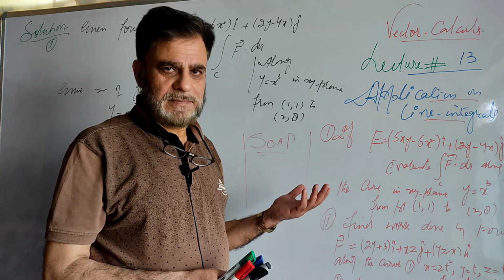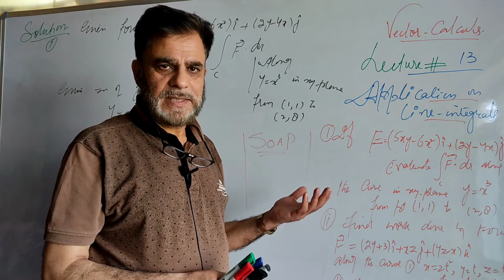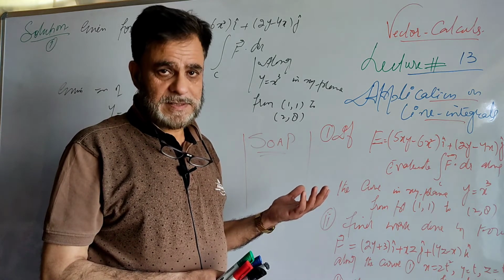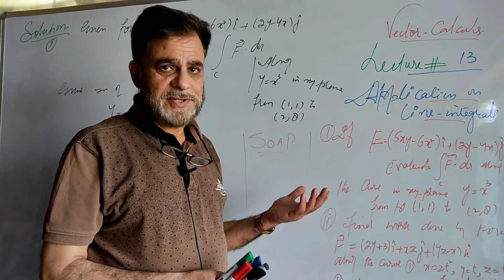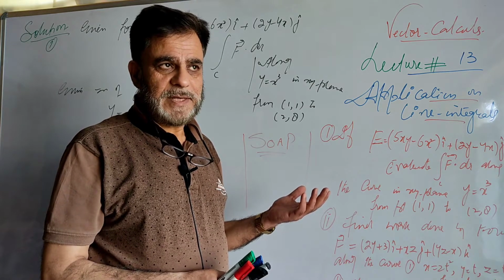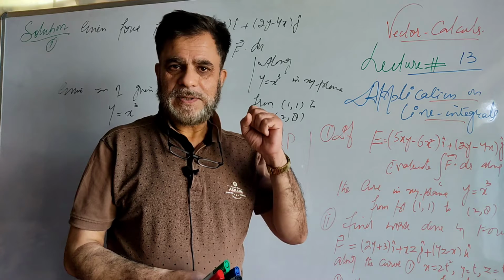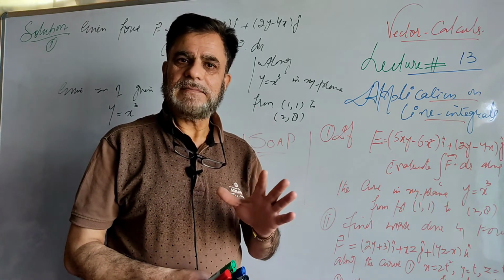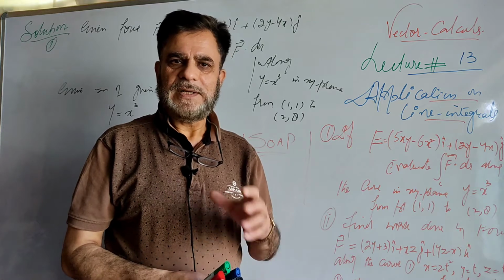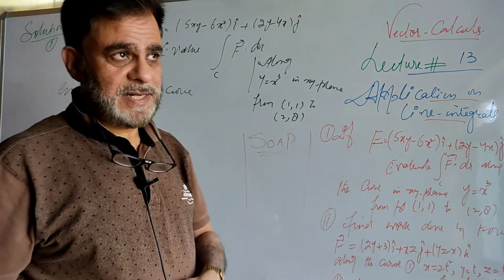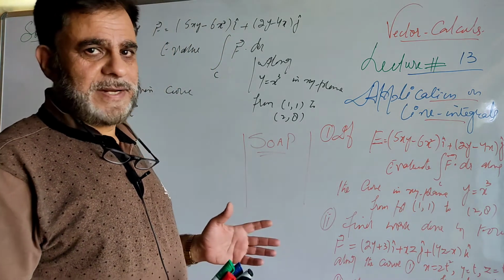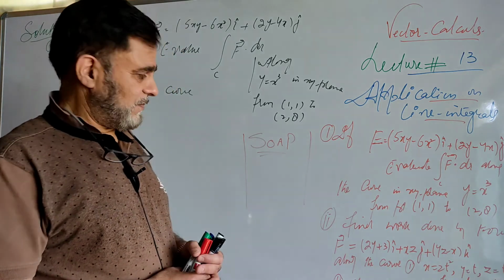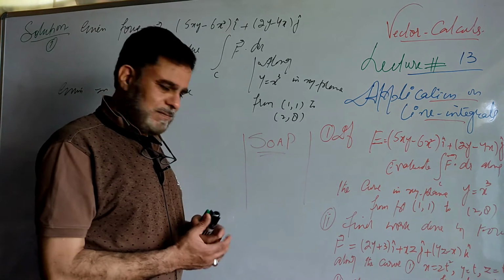Everybody says use the soap, wash the hands, and the manufacturers of soap have gained much nowadays because people are using soap the maximum number of times during the day, washing hands, and they are satisfied that the virus will go away with the help of the soap.